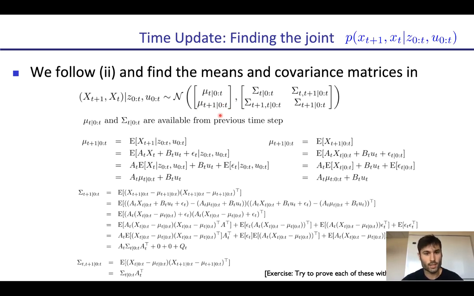Here's where I said that we haven't conditioned on the current measurement. Once we condition on the current measurement, this conditioning will be from 0 to t+1. The same goes for the covariance terms. Our assumption is that mu_t from 0 to t and sigma_t from 0 to t are known, so we know the underlying distribution of x_t.